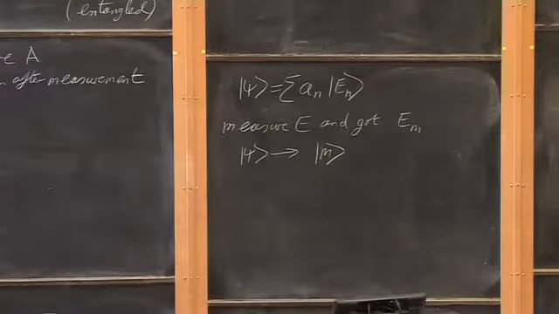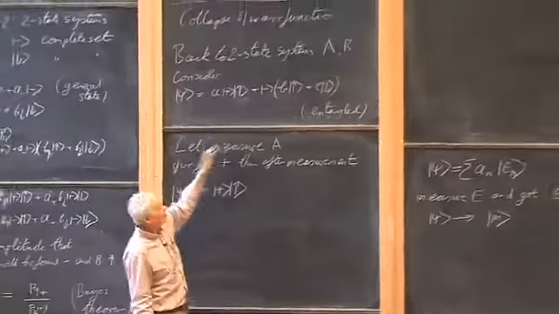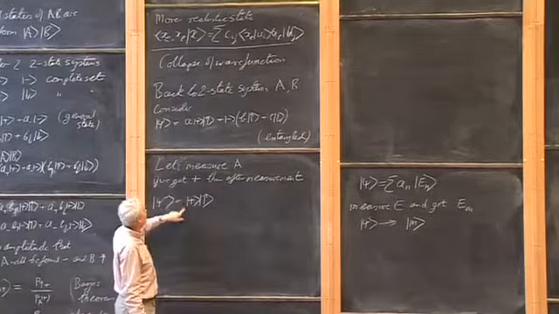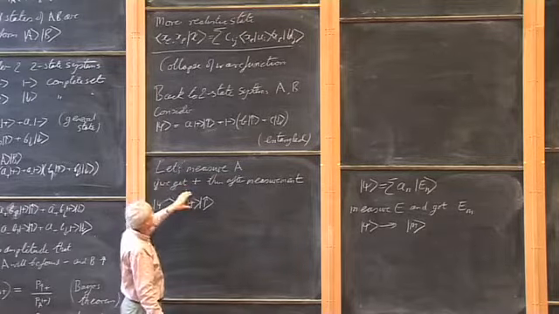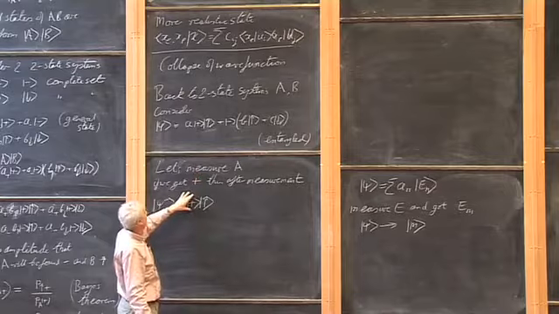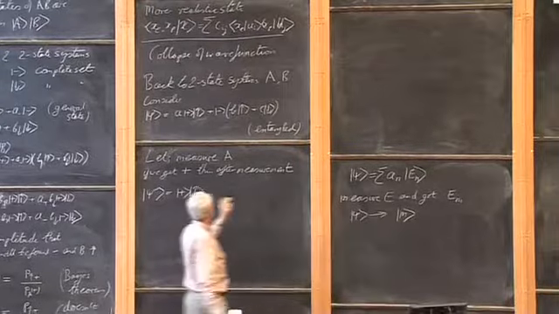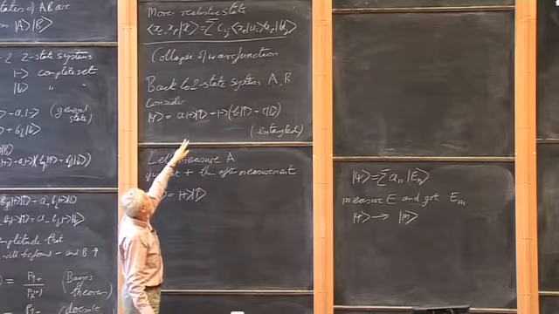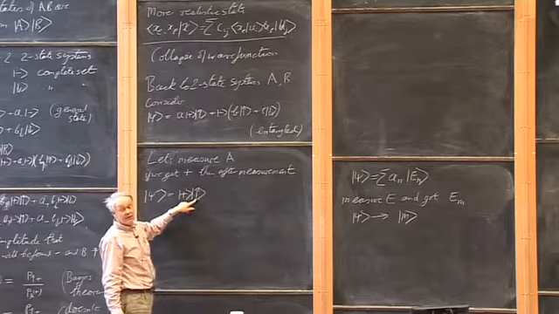So I'm stating that in this more complicated scenario, where we have a composite system, we measure only one of the subsystems, we get a certain answer, it goes to that state, which is consistent with what we had over there, because we found the answer plus, so we threw away everything times minus, whereas over there it's simply m. The coefficient up there of plus was not just a complex number A, which was giving me the probability, it was also times this state of B. And this state of B just gets copied down.